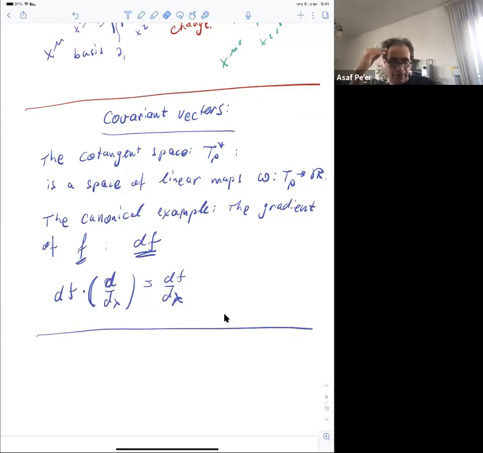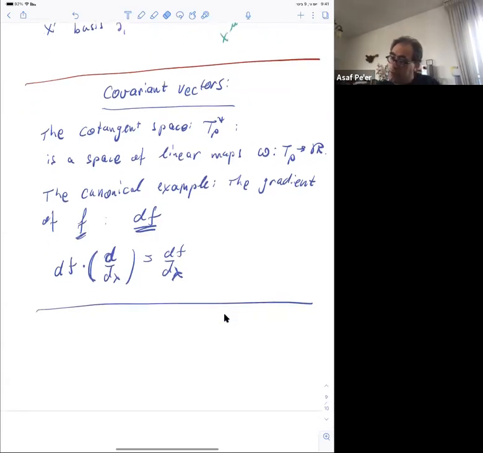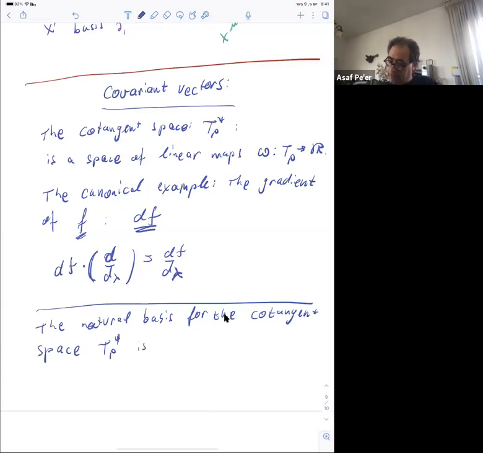The natural basis for the cotangent space, T_P star, is the gradients of the coordinate functions x mu.